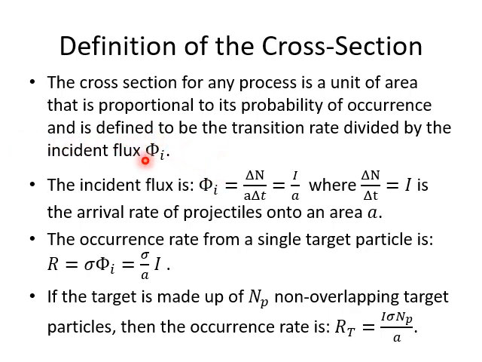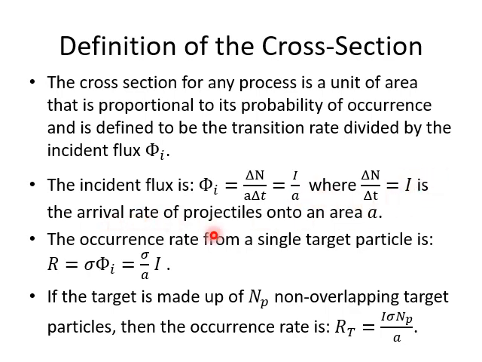So let's say I've got an incident flux of phi, all right? And I can think of that incident flux of phi as being a certain number of incident particles per unit time. And I'm going to divide all those particles into an area of A. So phi is particles per time per area, okay, which I'm going to write here as I over area.